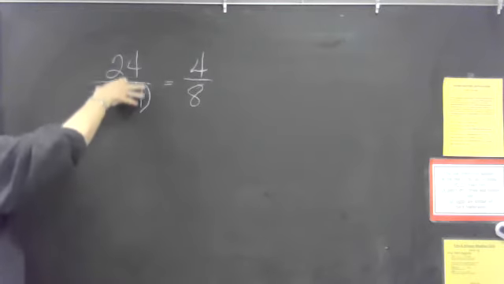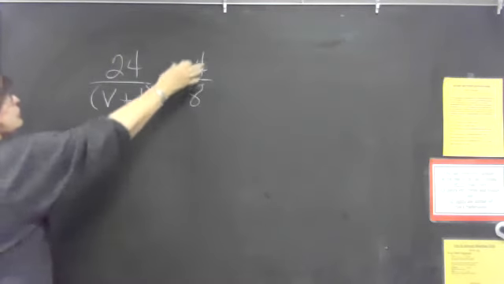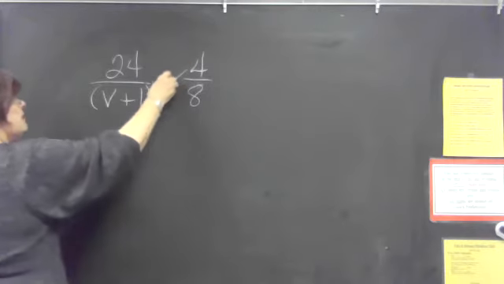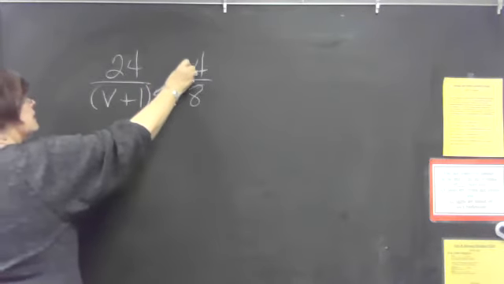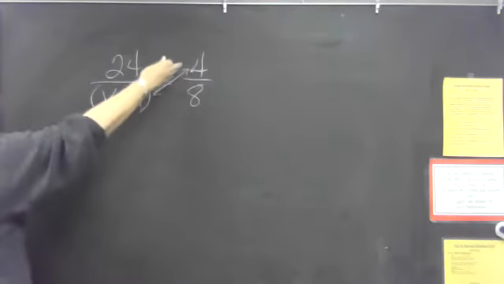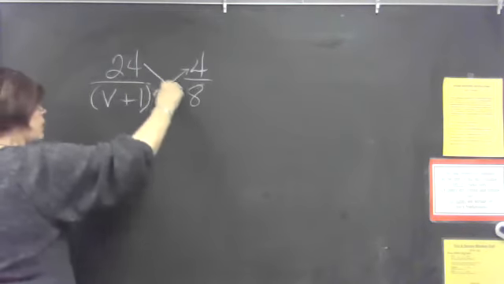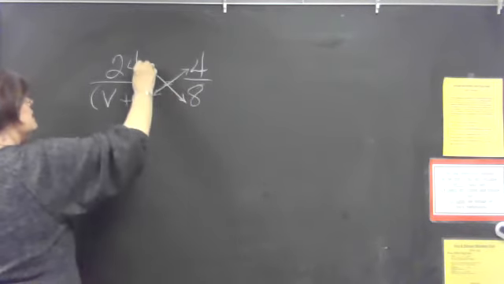So we do have one fraction equal to one fraction, which is the definition of a proportion. Okay, and if we have a proportion, we know that we can multiply these two together, and the product, the answer of that multiplication, will equal what we have here.